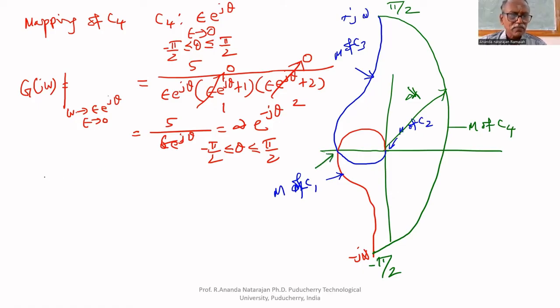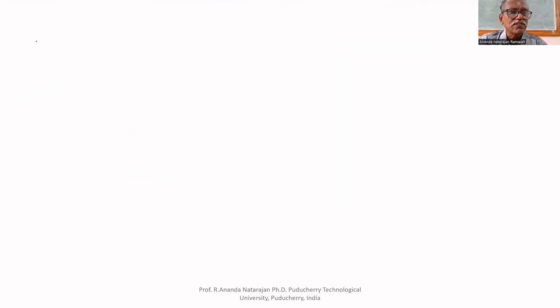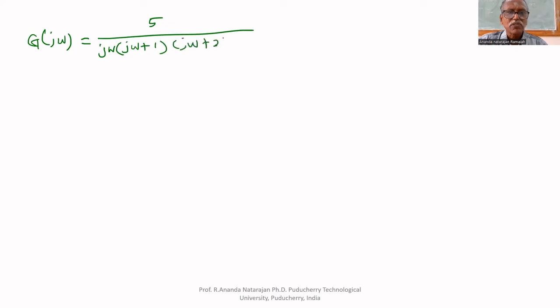To find that, let this point be A. To find the point A, that is the intersection with the real axis, we have to consider the transfer function g of j omega equal to 5 upon j omega plus 1, j omega plus 2.